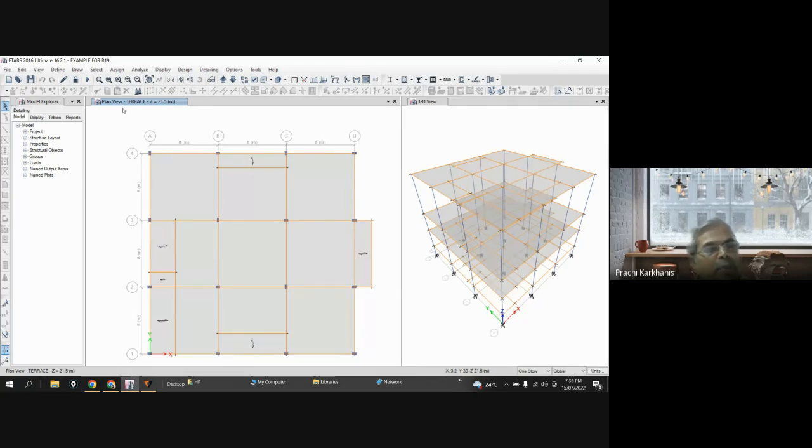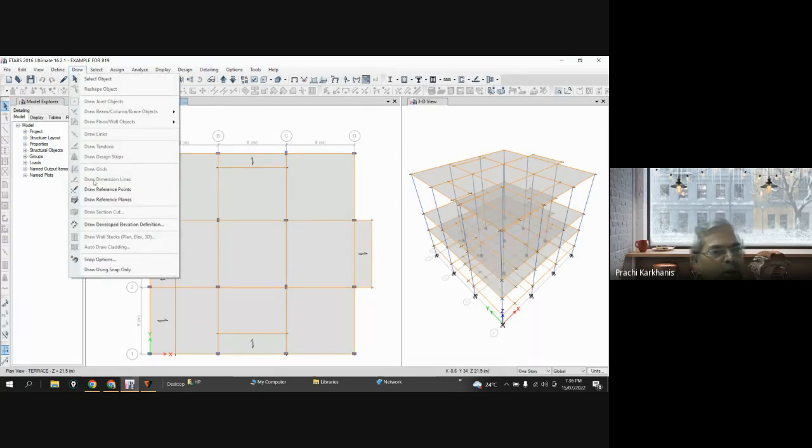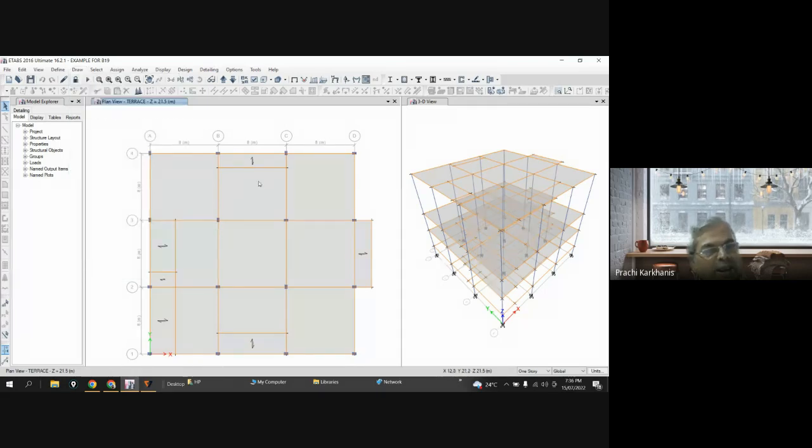That's why if I go to draw something and click on it, nothing will happen, because it is not available; it is locked. You cannot make any changes in your model when it is locked. The model gets locked after your analysis. Now if you want to make some changes, then you have to unlock the model.